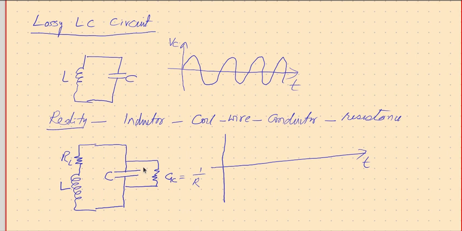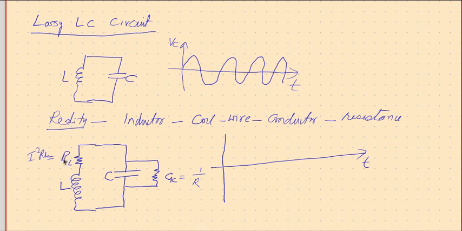That means with time, the total potential energy is getting reduced. On the other side, when current is made to flow because of this potential energy, this current is also flowing through this resistance, and because of this, the I squared RL loss is there, which gets converted into thermal energy.